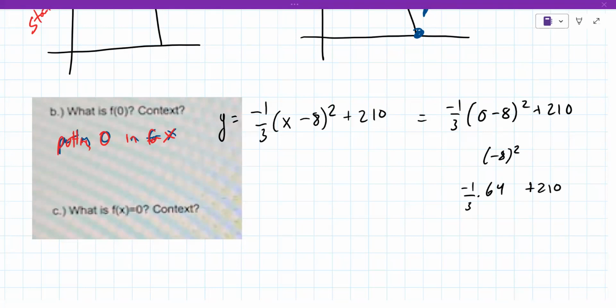Wait, can you send that link for that calculator again? Sure. Thank you. Here we go. $188.666.